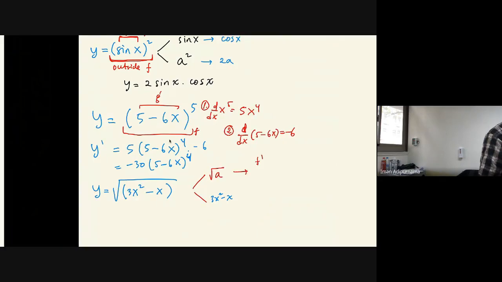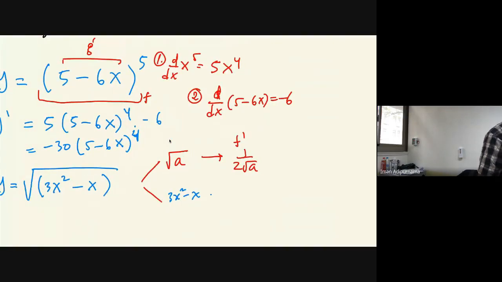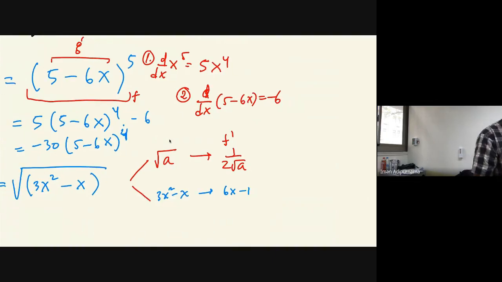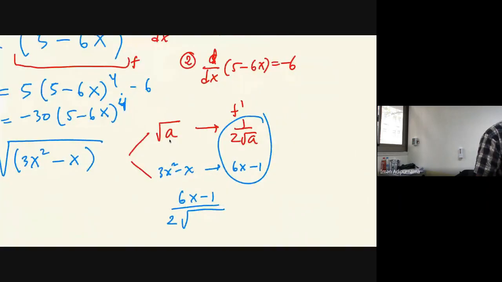If you want to find the derivative, the outer part becomes this, and the inner part becomes 6x minus 1. So you combine these two: 6x minus 1 over 2 times the square root of A, where A is 3x squared minus x.